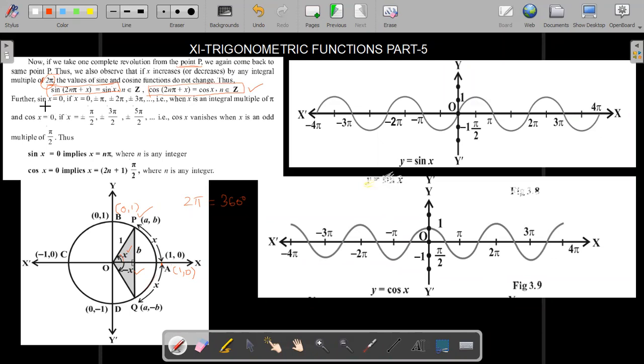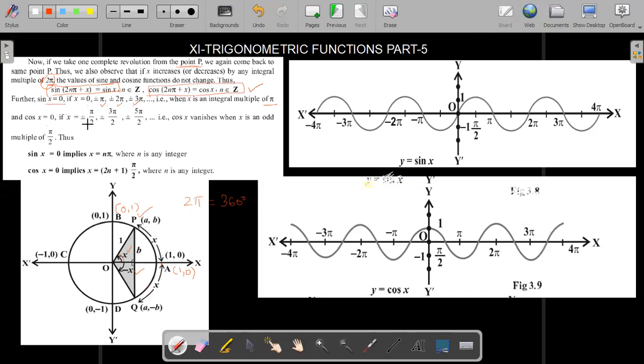Now, sine 0 degree is 0, and if you write plus or minus pi, it will also be 0, because of plus or minus 2 pi, plus or minus 3 pi, so an integral multiple of pi. Sine will be 0 at integral multiples of pi.